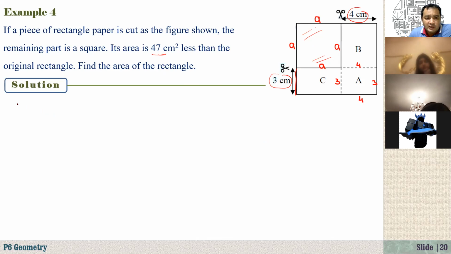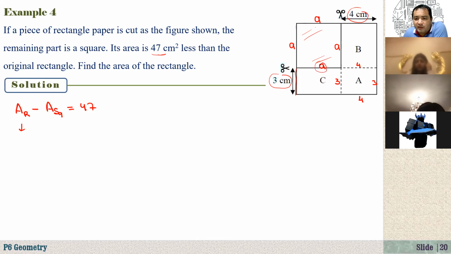I'm going to write here: area of the rectangle, minus area of the square, is equal to 47, because its area is 47 less than, which means that if you add 47 to the area of the square, we get the area of the rectangle. Now if I substitute, what is the area of the rectangle?